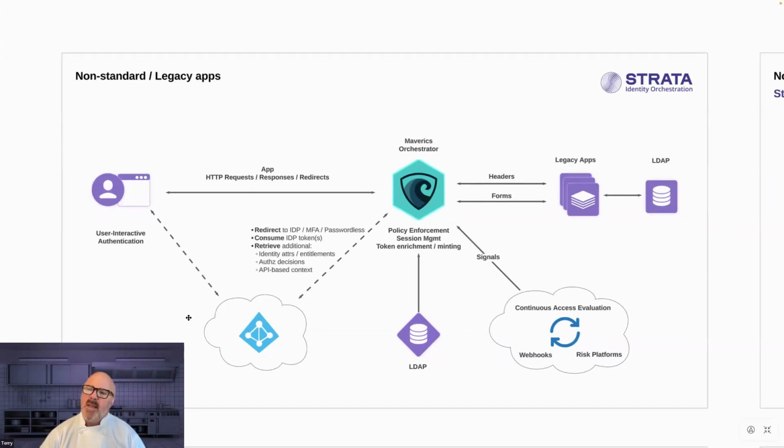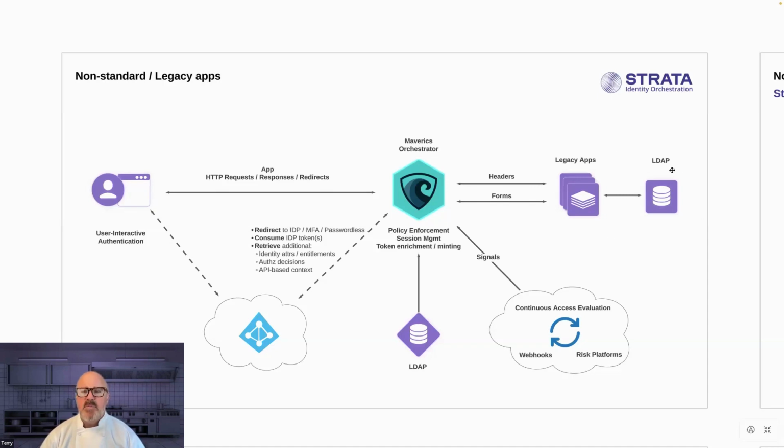So architecturally speaking, this is the user journey that we're going to build out in our recipe today. This is for an application that expects to consume headers. That's how the application knows it's got an authenticated, authorized user that it is working with. So from top left to right, the user tries to get access to one of these legacy applications.